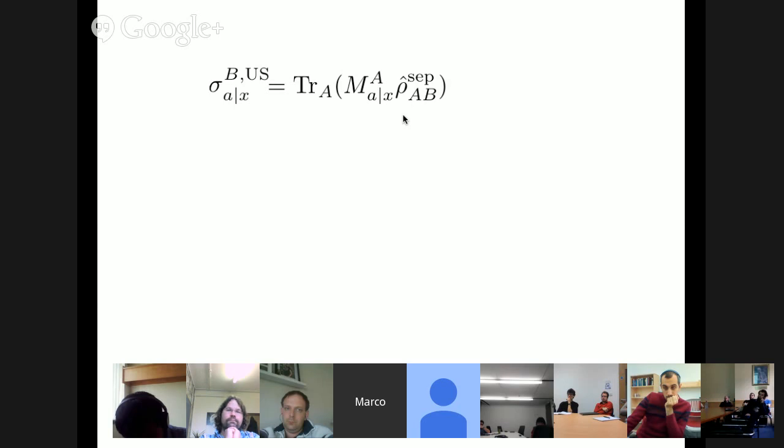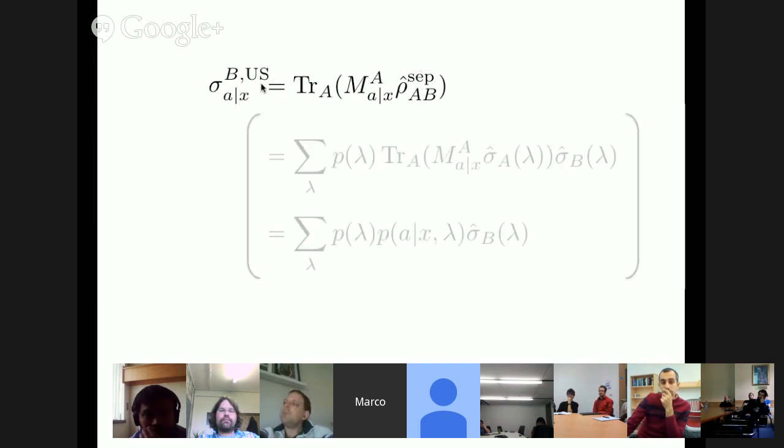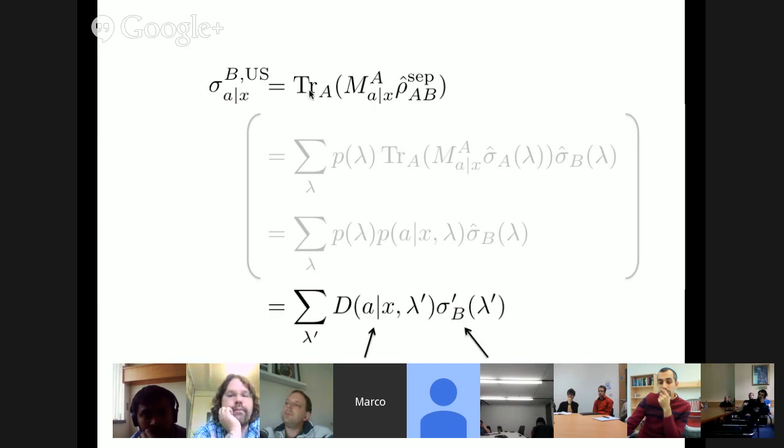To explain where the deterministic response functions come from, let me consider what happens when we measure a separable state. Here is a separable state shared by Alice and Bob, and we have various measurements performed by Alice leading to conditional states on Bob that, by definition, since this is separable, are going to be unsteerable. Forget the steps here if you want, but the point is that as soon as you consider this, you end up with this kind of decomposition for unsteerable assemblages.